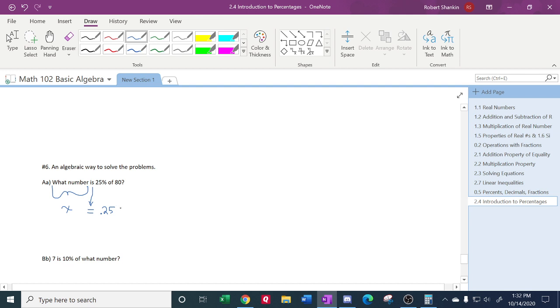Of means multiply. And we get this. So x is, and we'll punch this in my calculator, and I get 20.